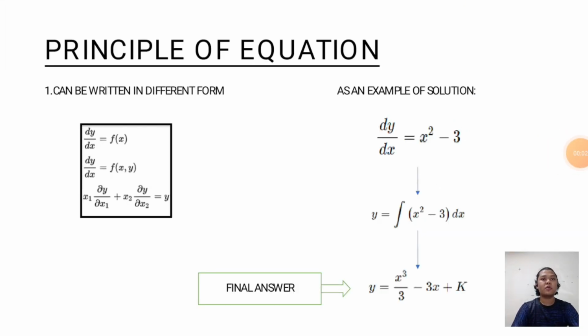Now I will present the principle of the equation for team assignment 1. Firstly, the principle of the equation itself can be written in different forms. You can see on the left side of the slide, the picture below shows the variations of the differential equation form.